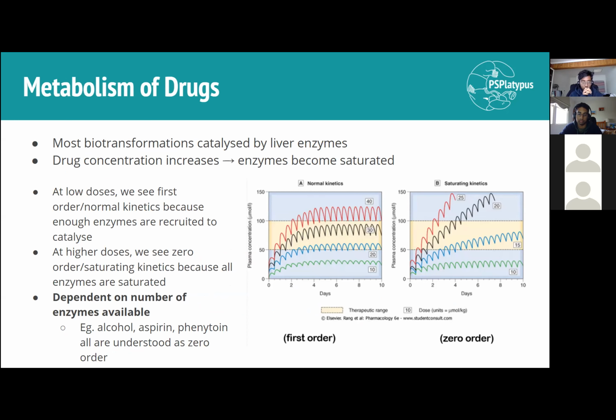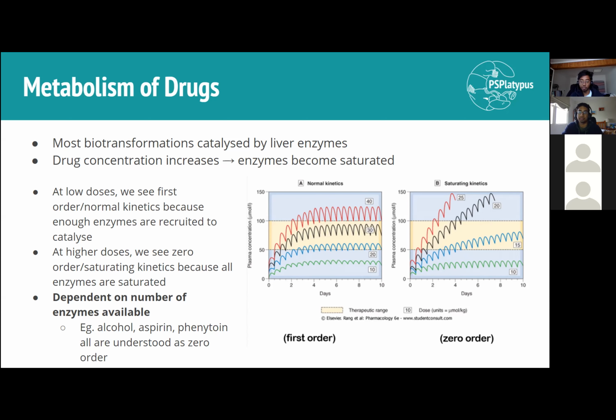So talking a little bit more about metabolism of drugs, most biotransformations are catalyzed by liver enzymes. So when drug concentrations increase, these liver enzymes can become saturated. And then something interesting happens. If you can point your attention to the graph on the right, we have plasma concentration on the y-axis and days on the x-axis.